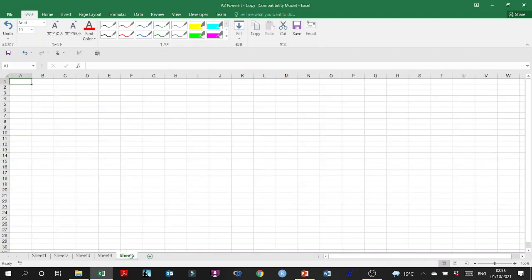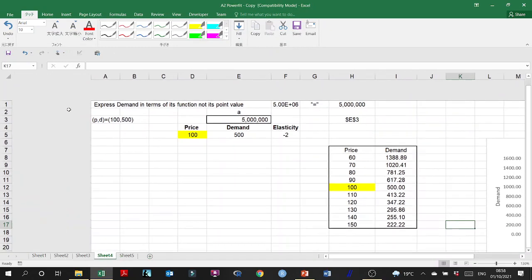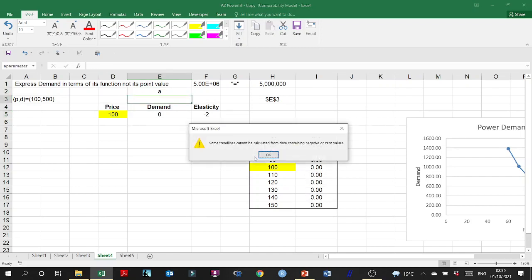So basically what you need to do is set up, we set it up in class I believe, please write demand in terms of its function, not its point. I know that in the question we were given the point that at price $100, the units sold were 500. Of course, we are always plugging in price, demand, elasticity, the price as 100.